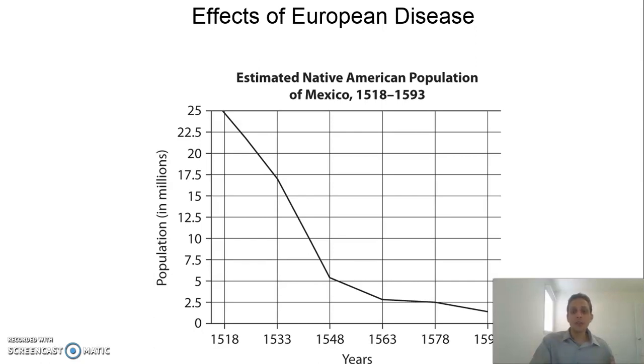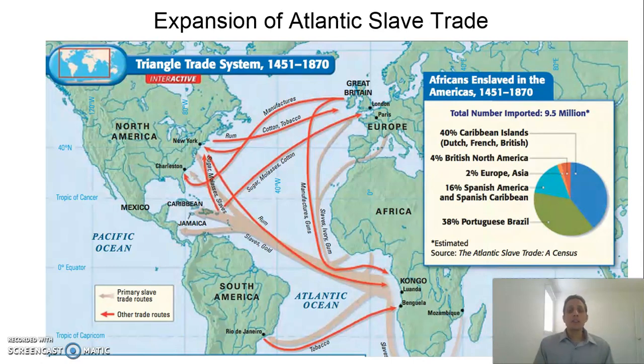As far as Africa is concerned, after Native American populations decline so rapidly, the Europeans have lost a labor source here in Central America and South America, and so they're going to turn to chattel slavery, and to the Atlantic slave trade from Africa into the New World to replace that labor force. So you want to make that connection. In the early colonization time periods, primarily the Spanish are using Native Americans as their labor force in the beginning.